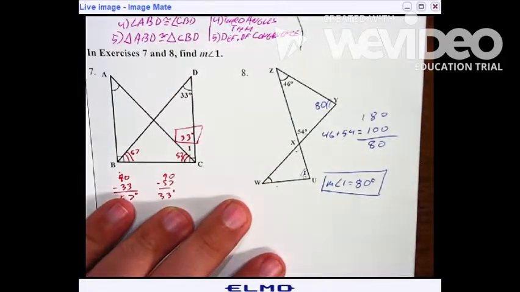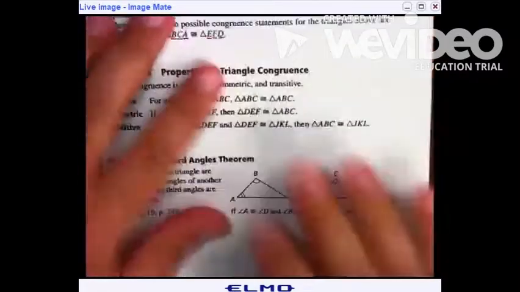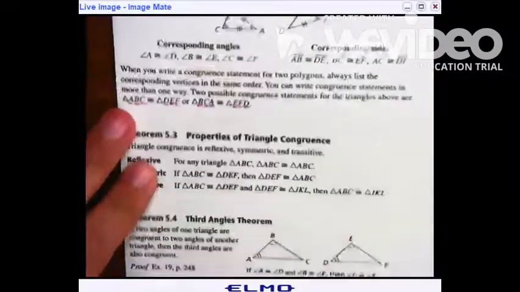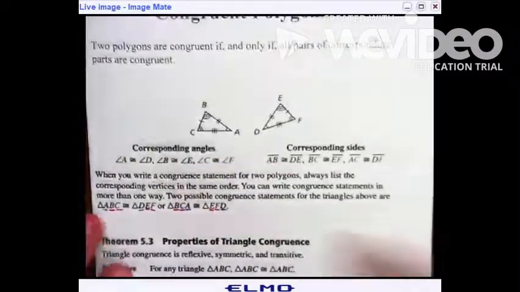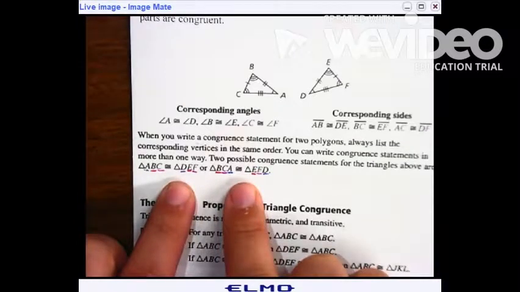All right. Okay, so we had a couple of theorems here. Important things to pay extra close attention to. The order that you list your vertices in the congruent statement has to match. Okay, they have to be in the same order.